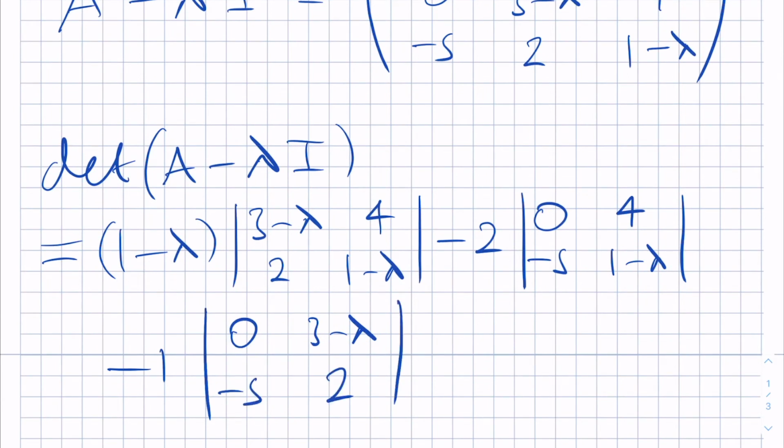If you're not sure how to expand the determinant of a 3x3 matrix in this way, then check out our video in the course on taking determinants of 3x3 matrices.